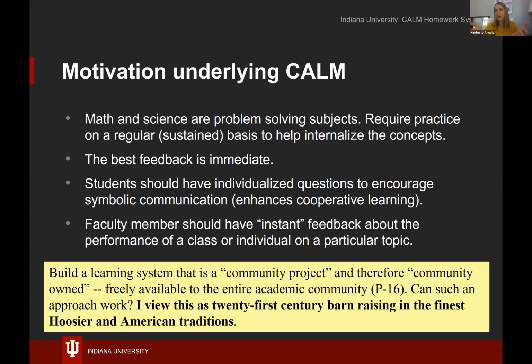This is a teamwork project here to keep CALM going. So if you joined in on CALM, you're joining part of this team. And that means if you see errors in the program, you should send that in and say, hey, please fix this question. We encourage teachers to write their own questions if they feel up to it.